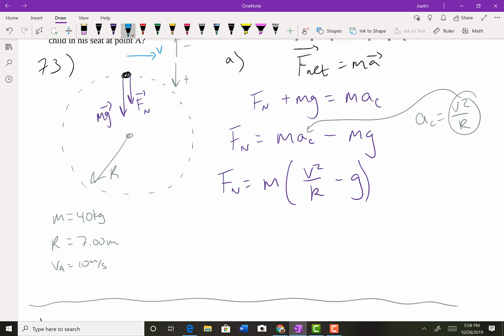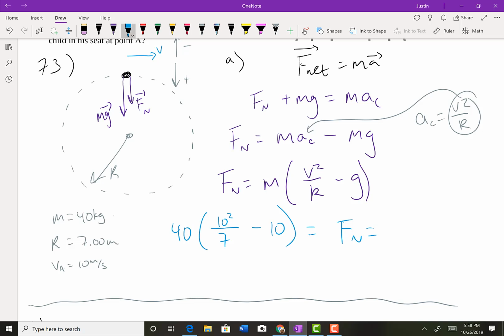The mass is 40 kilograms. The speed is 10 meters per second, squared. Radius is 7, minus, I'm going to say 10 for g. And that's what my normal force is going to equal.